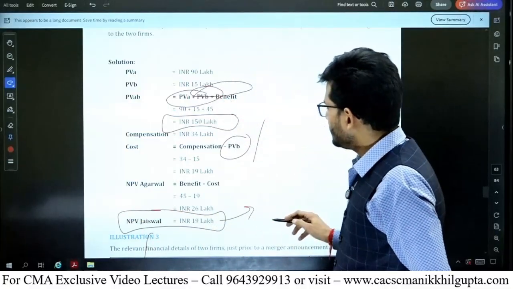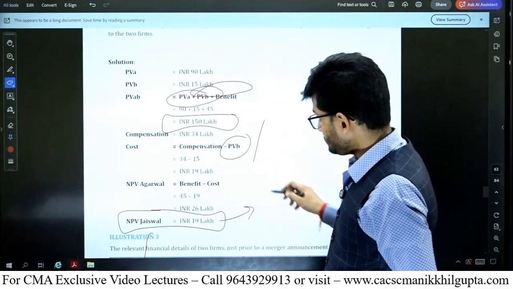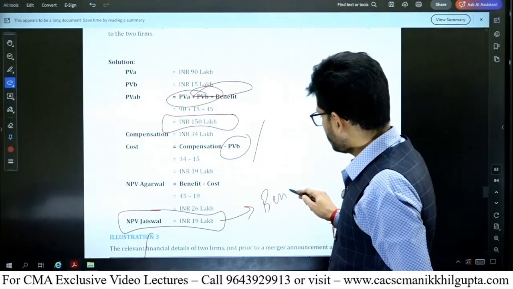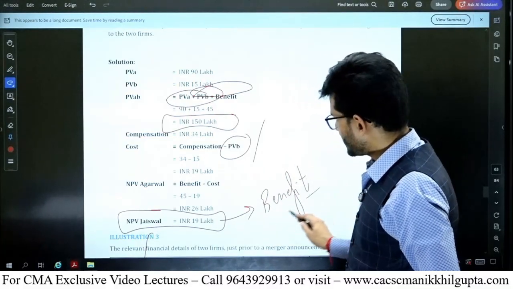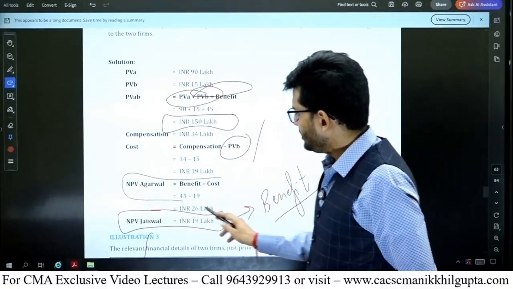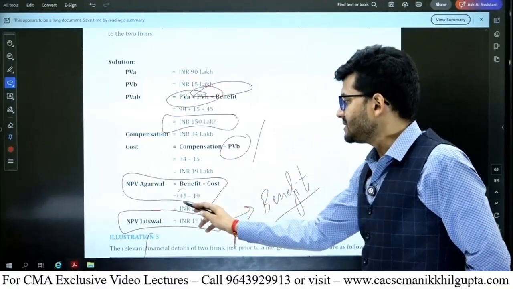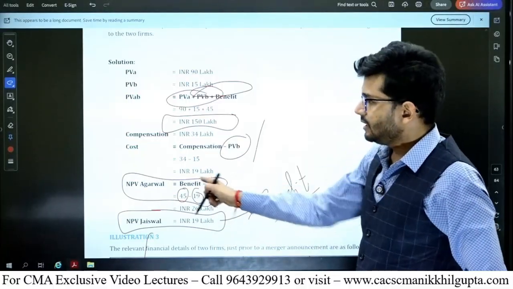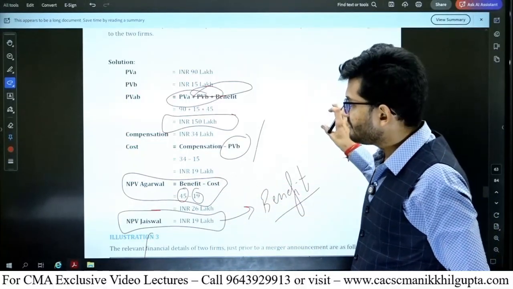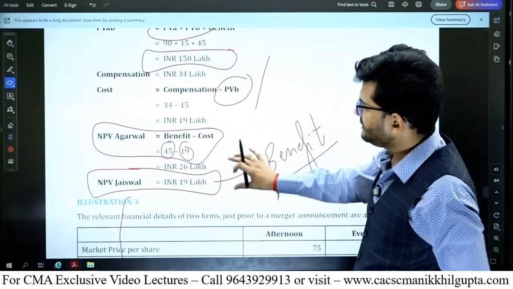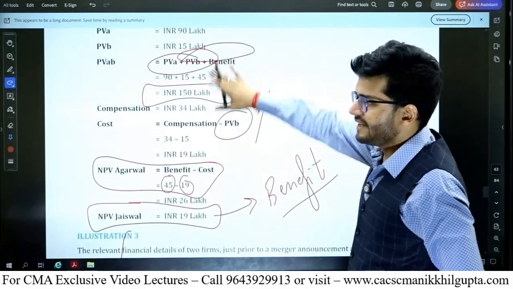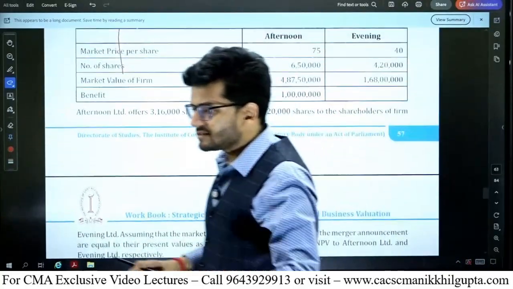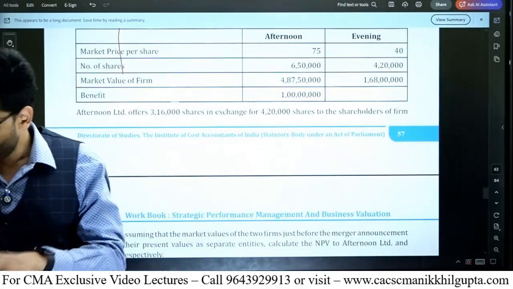Jaiswal's NPV is the benefit accruing to Jaiswal. Then the NPV of Agrawal is the benefit that he is reaping minus the price that he is paying. So the NPV of Agrawal and the NPV of Jaiswal are required to be calculated. A very simple, standard question of merger and acquisition. We've done many such questions in the class.